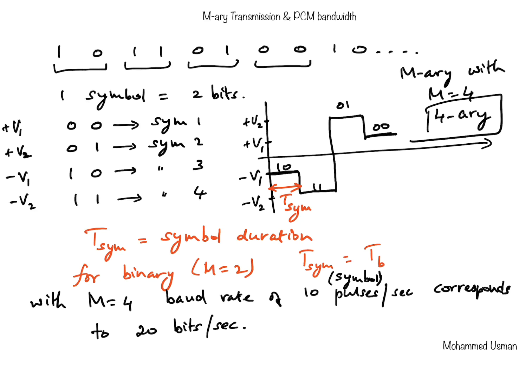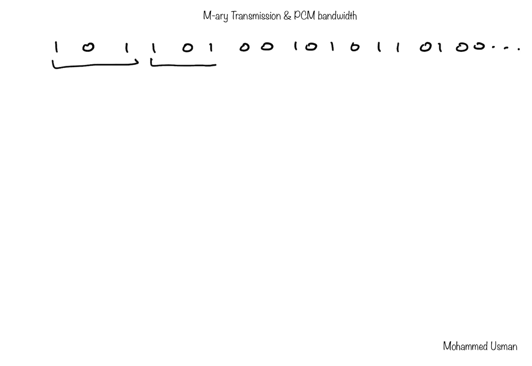So let's have a quick example of that as well. So if you have a bit sequence 1 0 1 1 0 1 0 0 1 0 1 1, and so on. Now we are going to combine 3 bits at a time and represent these 3 bits as a symbol.